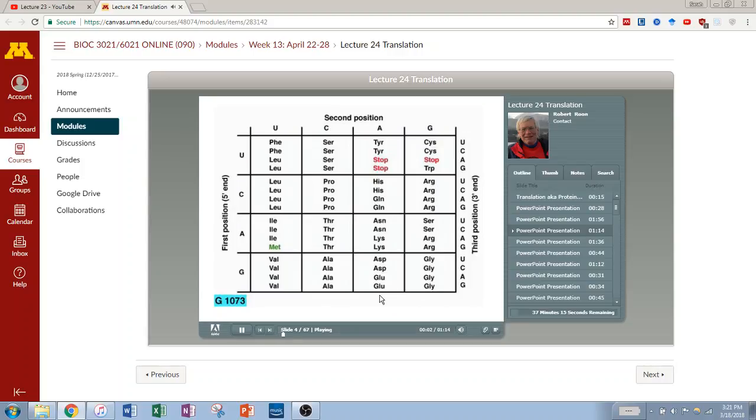Let's take a minute to review the triplet codons that specify various amino acids. There are 64 possible codons that can be generated, with 4 different bases combining in any order to form triplets. It turns out that 3 of these are nonsense or stop codons, which code for the termination of translation. That is, they do not code for any amino acid, and when the translation machinery reaches one of these 3 codons, translation ceases.